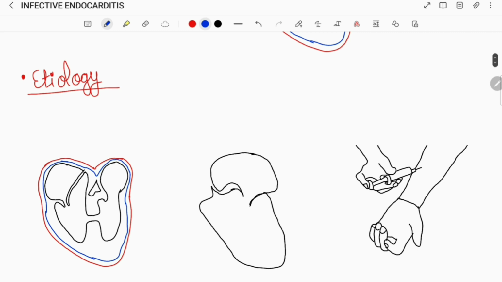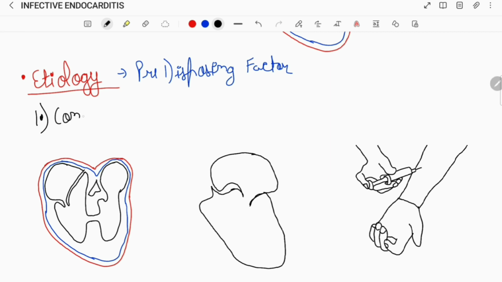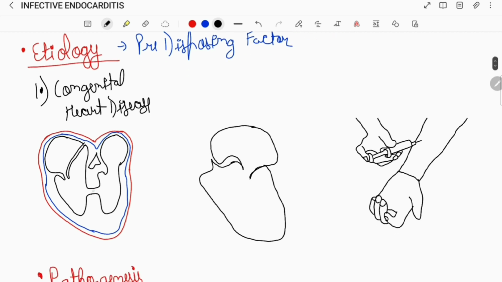If I talk about the etiology, there are certain predisposing factors for this to occur, some of which include: first, congenital heart diseases. In this diagram I have shown a congenital heart disease, which is ventricular septal defect.